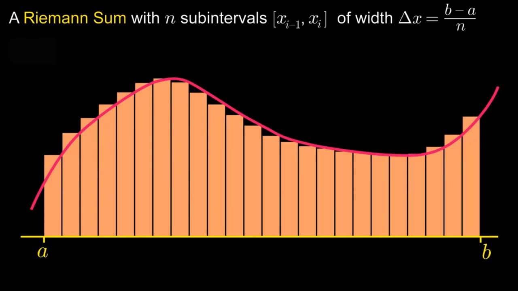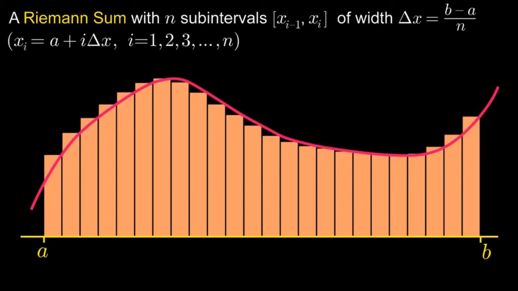Those points will be x0, x1, x2, all the way up to xn. The ith subinterval is between 2 consecutive points of this subdivision. That's from x_{i-1} to x_i. Explicitly, the points x_i are given by this formula. Take the left endpoint, a, and add i times delta x, and you'll get x_i.